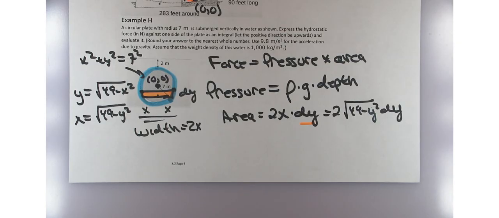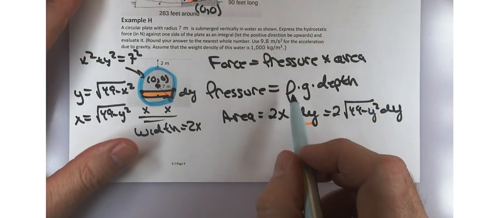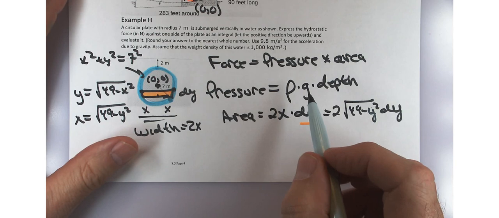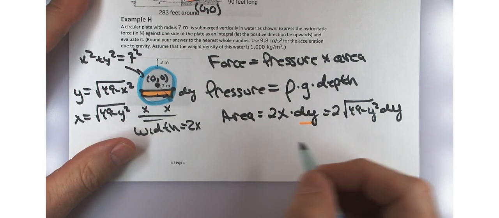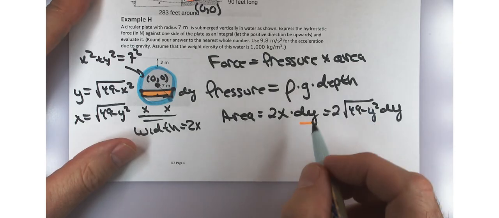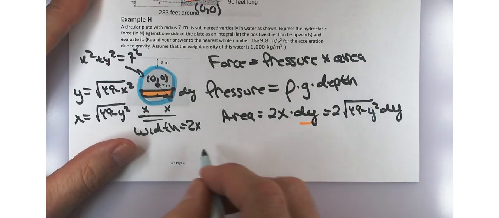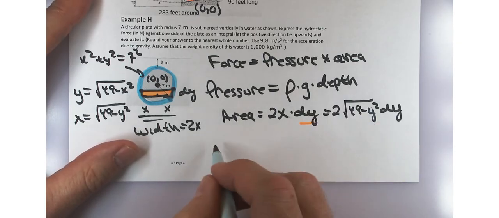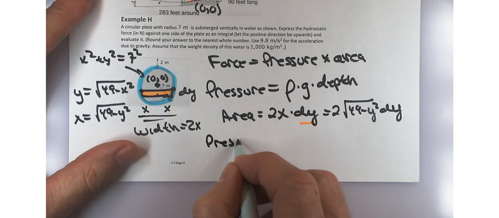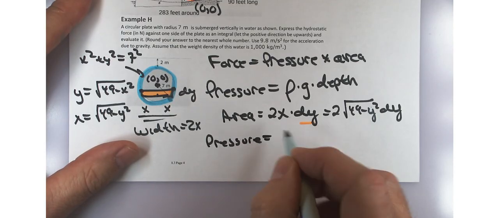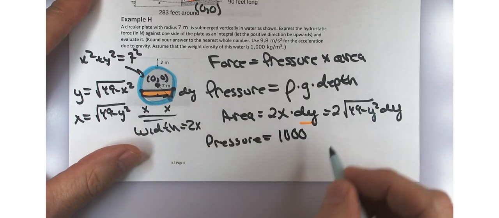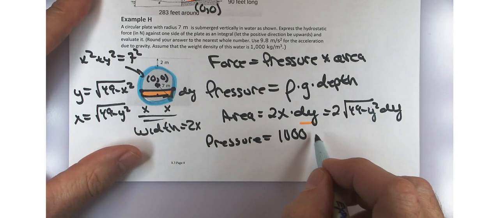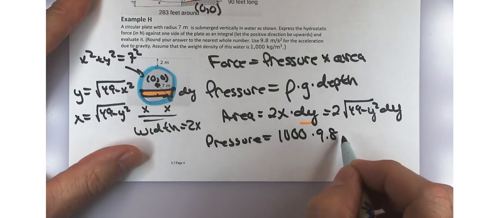All right, so the pressure is going to be the density times gravity times the depth. The density was 1,000 kilograms per cubic meter times gravity, which is 9.8, times the depth.